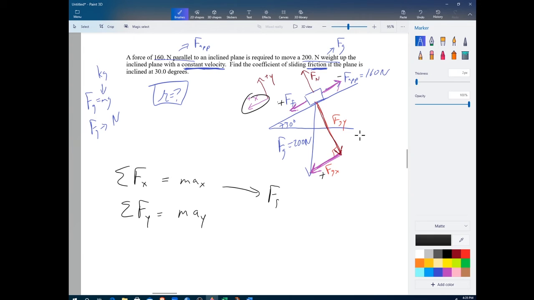I have Ff plus Fgx minus F applied will equal the mass times the acceleration in the x direction. Here, in the y direction, this was positive, this was negative. I have Fn minus Fgy equals the mass times the acceleration in the y direction.